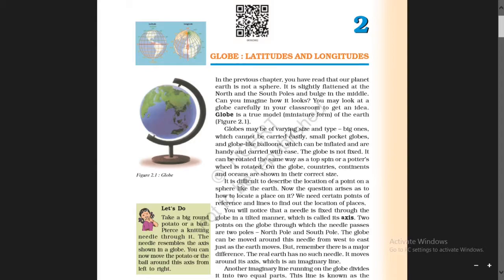Globes may be of varying size and type. There are big ones which cannot be carried easily.